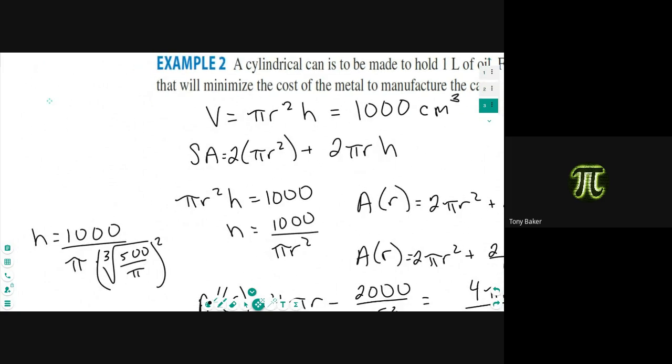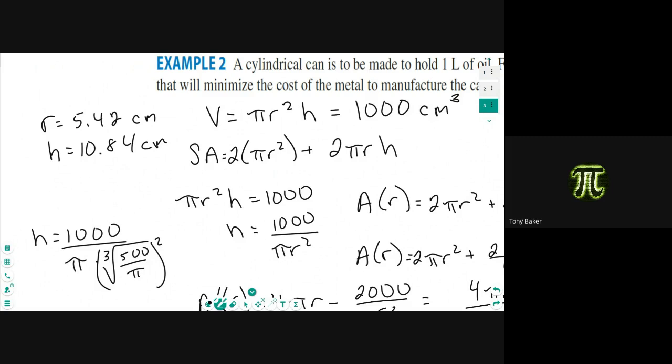So my radius is 5.42 and my height is 10.84 centimeters. And I get 1,000.4 cubic centimeters.